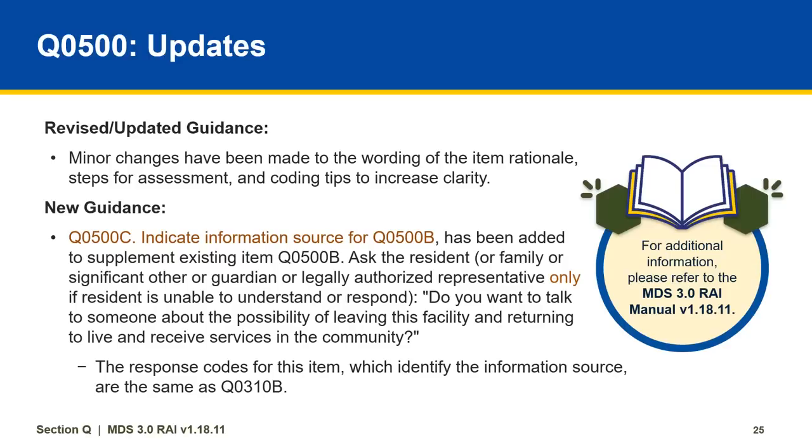Ask the resident or family or significant other or guardian or legally authorized representative, only if resident is unable to understand or respond, do you want to talk to someone about the possibility of leaving this facility and returning to live and receive services in the community? The response codes for Q0500C, which identify the information source, are the same as Q0310B.